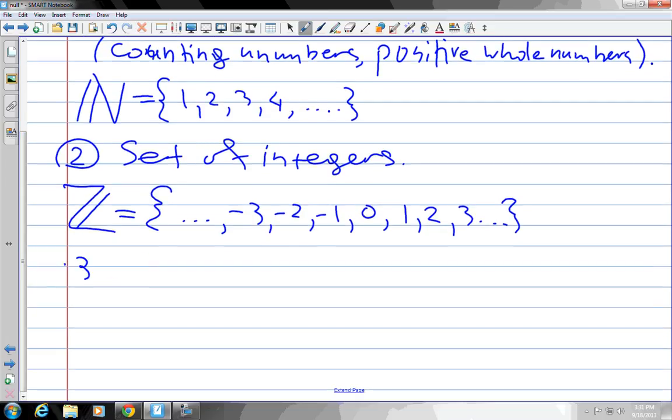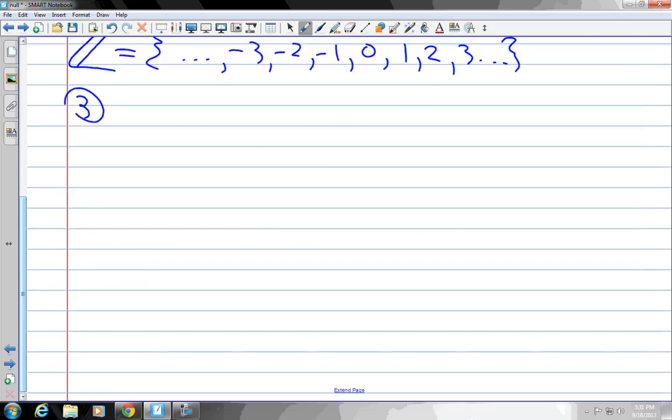So those are what we call rational numbers.